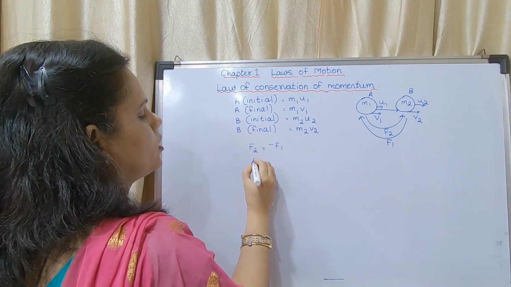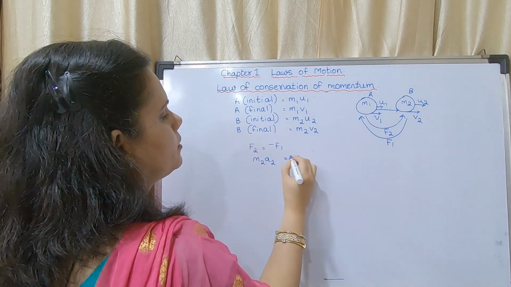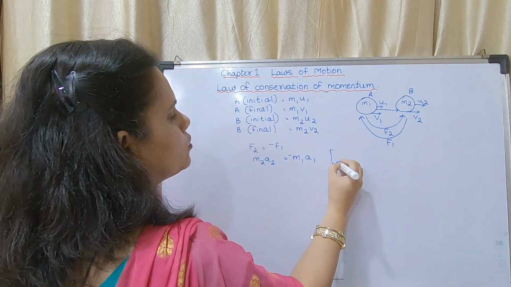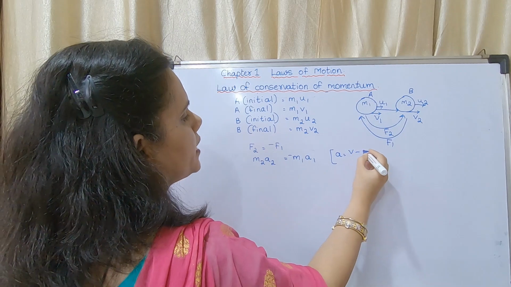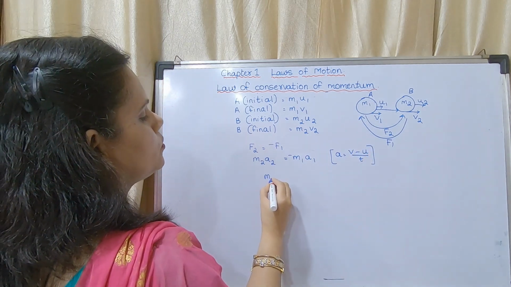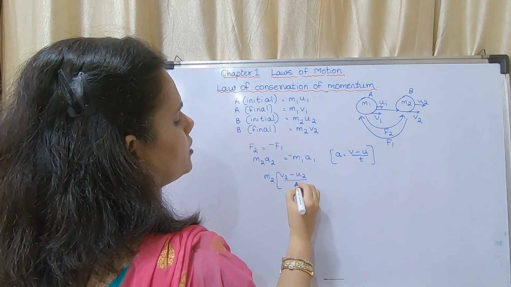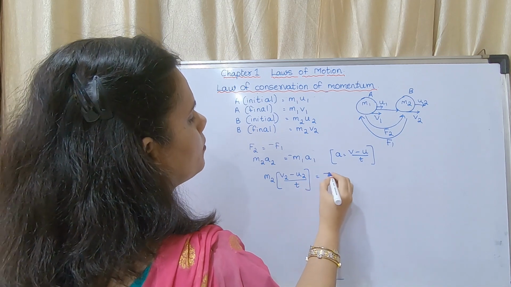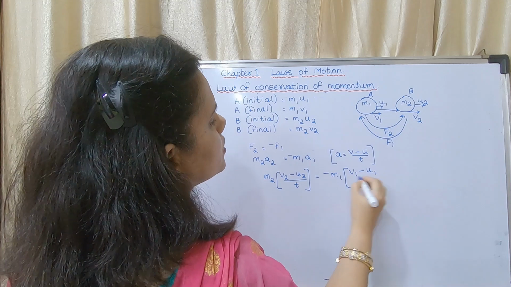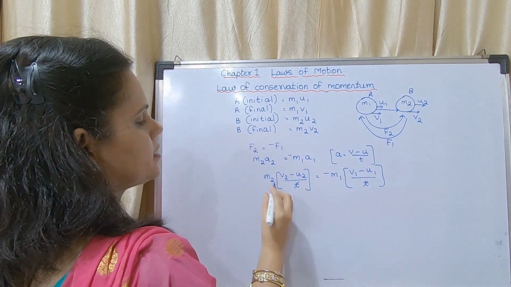So what is F2? M2 A2 is equal to minus M1 A1. A is equal to V minus U upon T. So M2 into V2 minus U2 upon T is equal to minus M1 into V1 minus U1 upon T. T and T get cancelled.